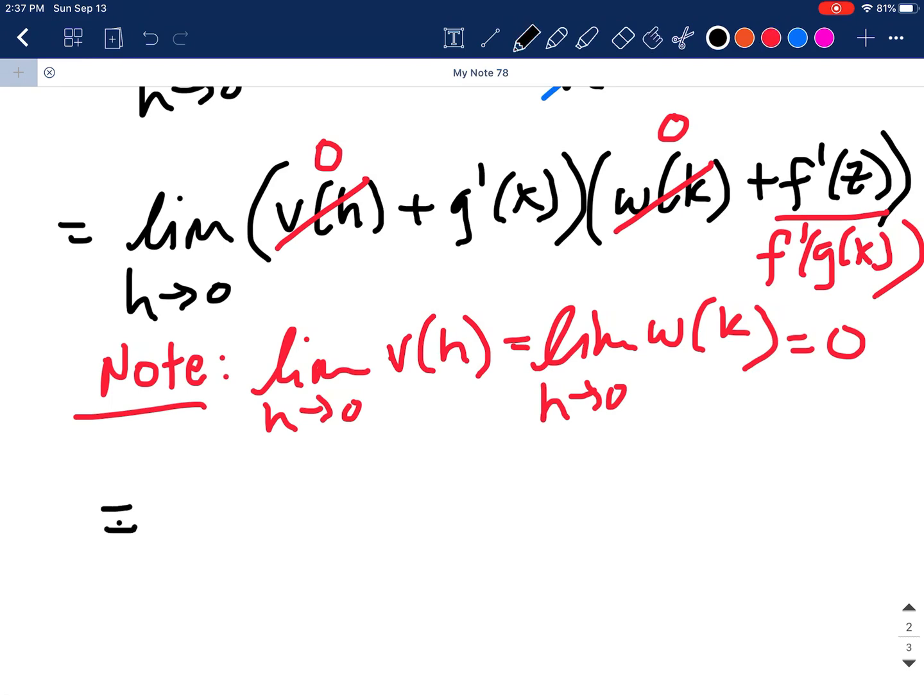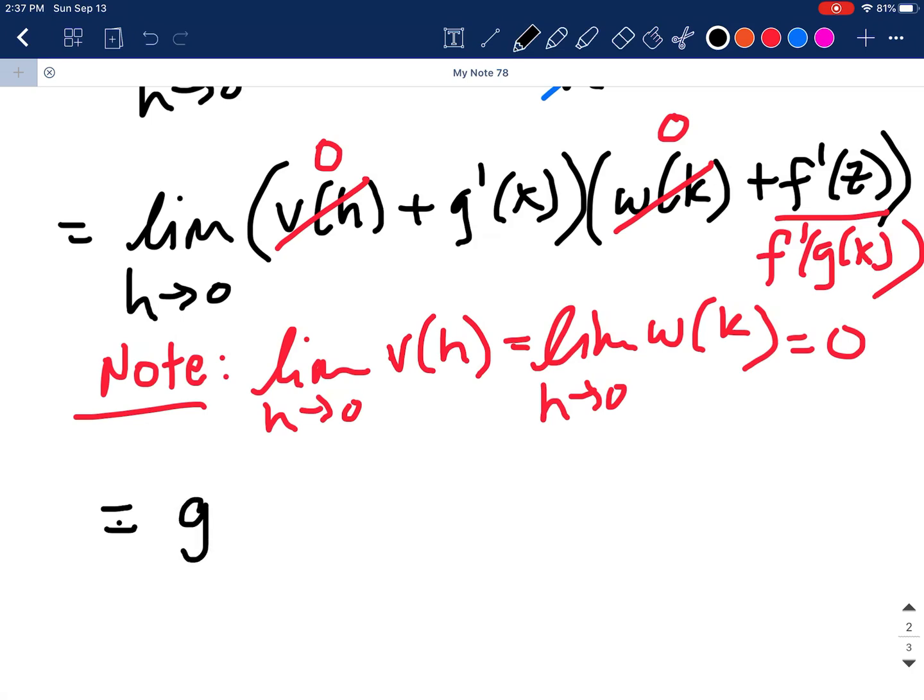So then what we end up with is that this is going to equal, now note, g prime of x has no h in it. So the limit doesn't depend on h, so g prime of x is like a constant. And then f prime of g of x also doesn't have an h associated with it, so it's independent of the limit. So these are going to be unchanged, so it's really going to just end up as the product of those two remaining expressions.